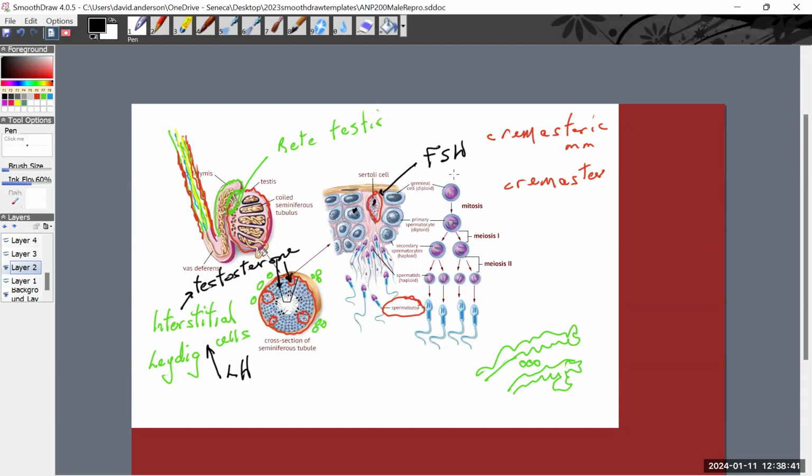So the process of spermatogenesis is going to involve these steps that we can see here. So we see mitosis, meiosis 1, meiosis 2. And there's going to be another step that we're going to draw in here. And that step is called spermiogenesis.